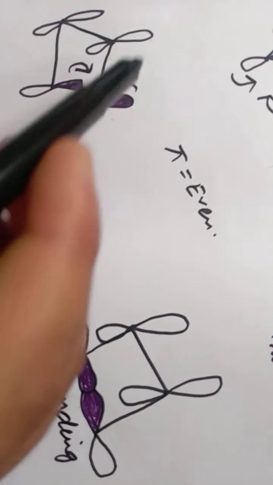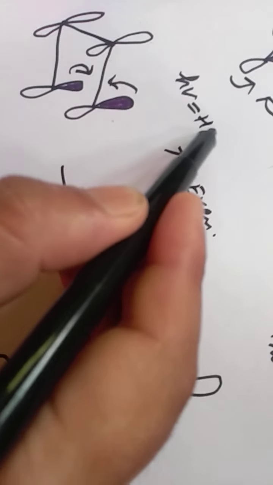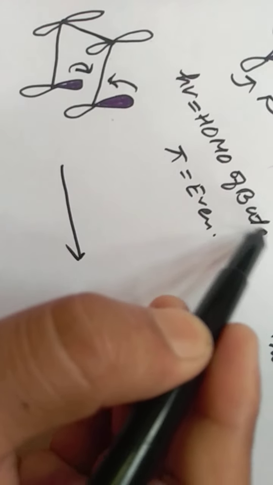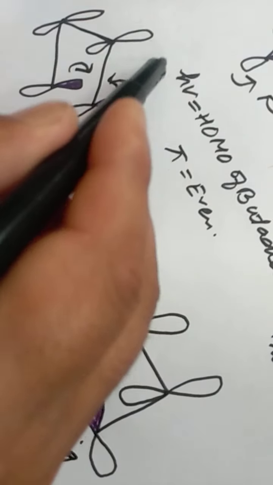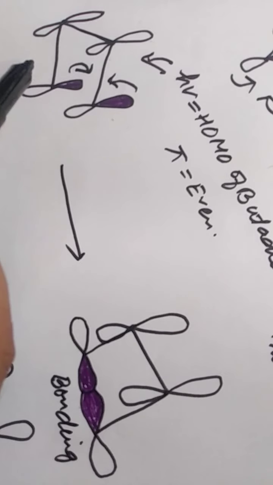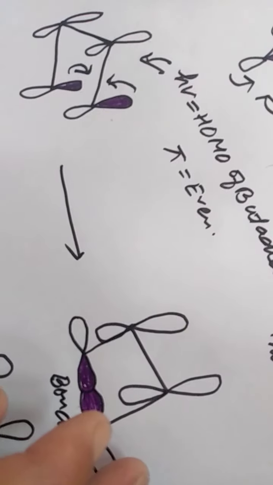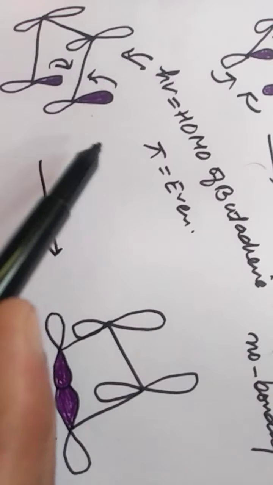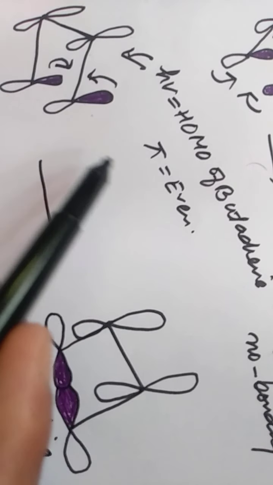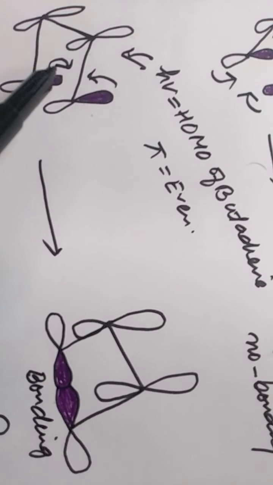This is the photochemical HOMO of butadiene. When pi bonds are even, then the photochemical disrotatory reaction is there, as we see in this case.